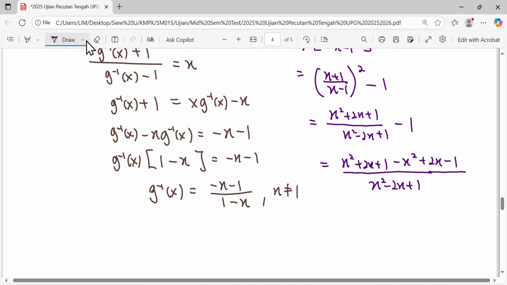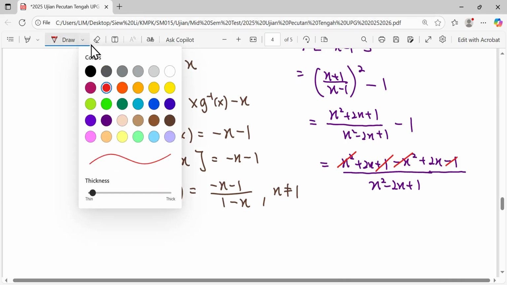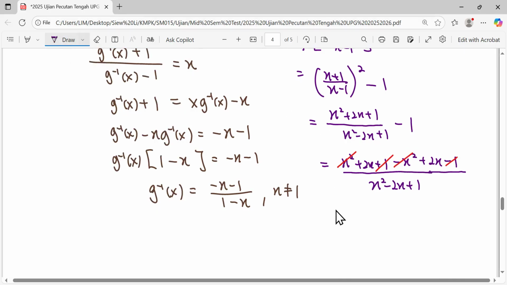So at the numerator here, we try to simplify. We can see the terms which can simplify: plus 1 minus 1, x squared minus x squared. So lastly, we get our numerator remaining 2x plus 2x is 4x. Denominator is x squared minus 2x plus 1, and this actually comes from x minus 1 squared.